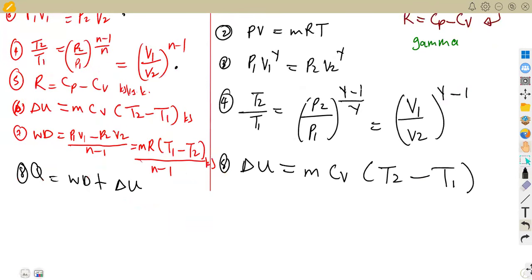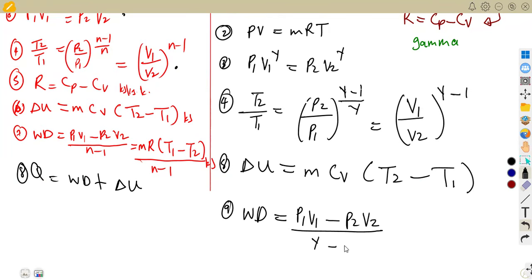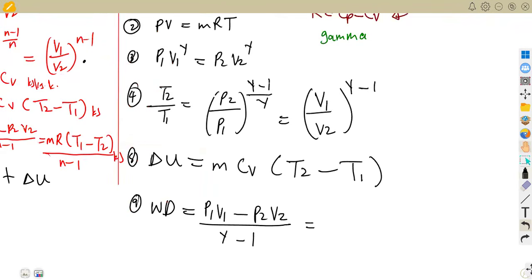All right, then we talk of the work done. The work done is equivalent to P1 V1 minus P2 V2, but over what? Instead of n, we are going to use gamma minus 1. So even on this side, it is the same mRT, the same thing that we had there.